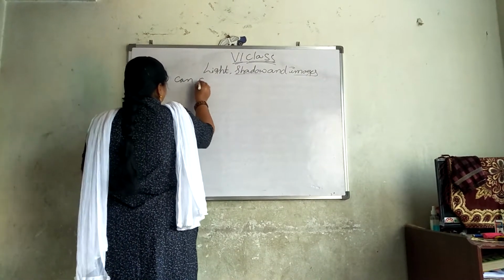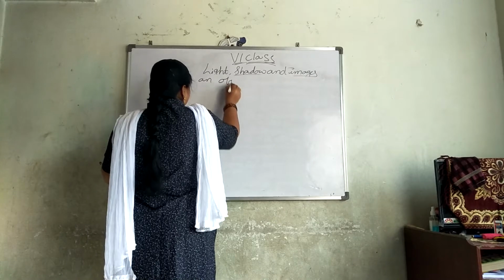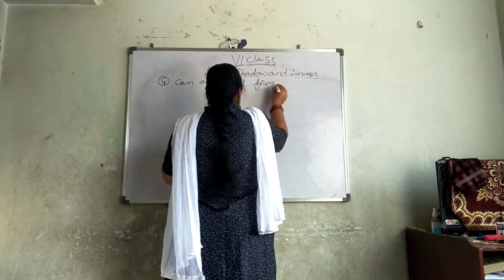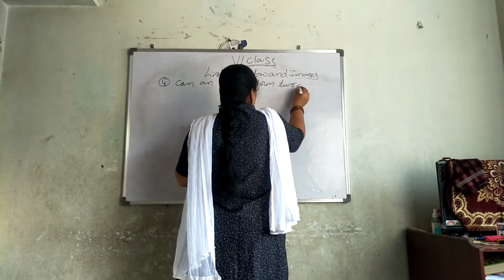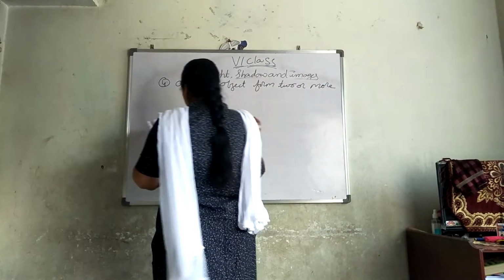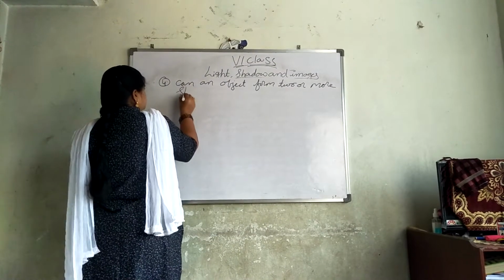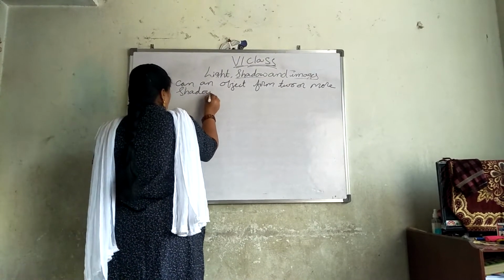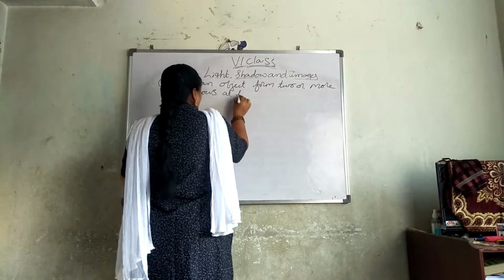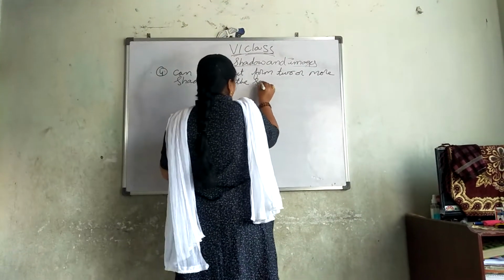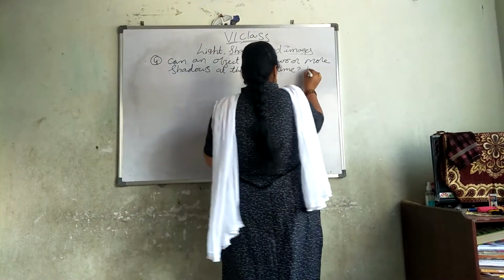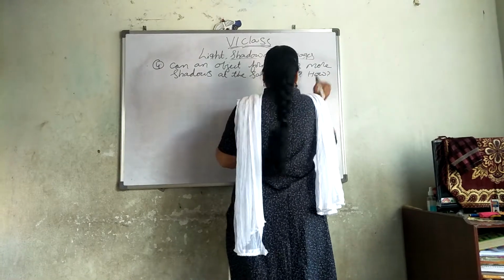Can an object form two or more shadows at the same time? How? This is the question.